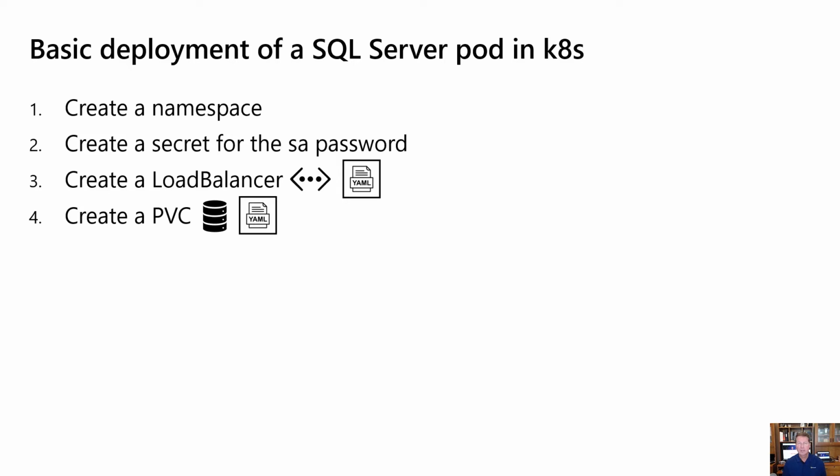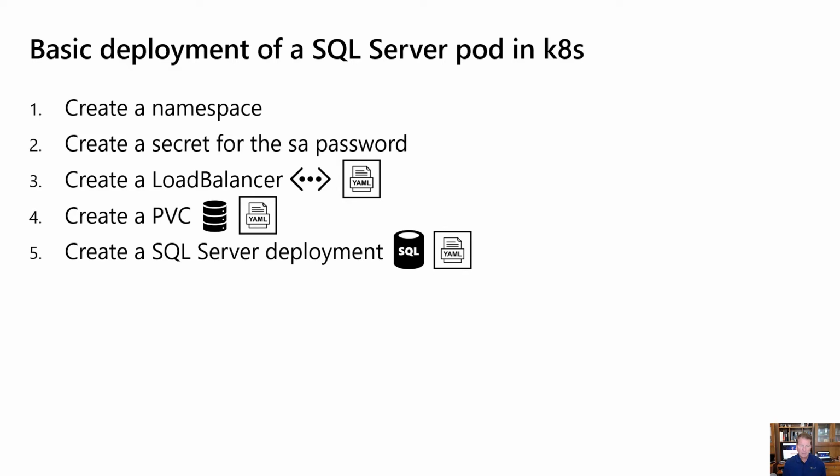Now we're going to create a persistent volume claim for storage that we need. Again, we're going to use a YAML file to decide what that looks like. And you're going to see how we're going to tie the load balancer and the persistent volume claim together with our SQL deployment. This is where we're going to specify how much disk space we want to use for the storage for our databases for SQL Server.